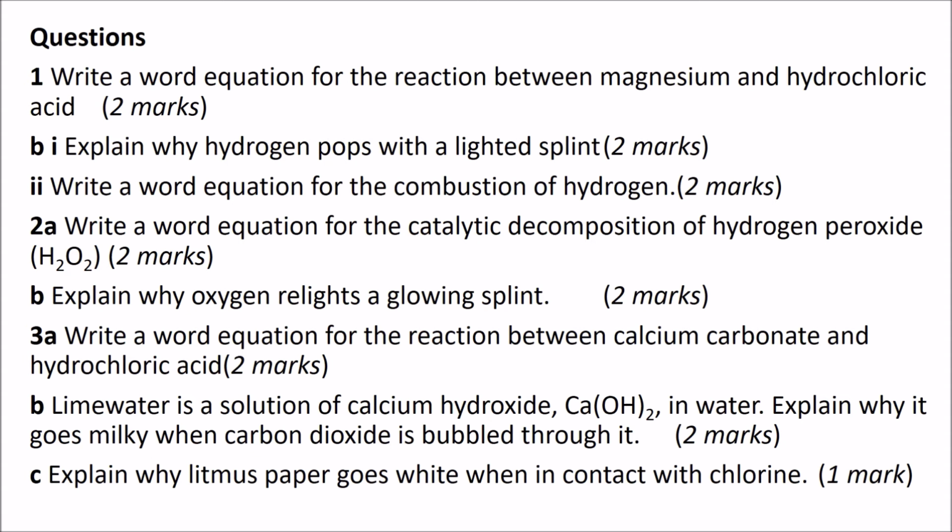Why would it go milky when carbon dioxide travels through it? And then lastly, explain why litmus paper goes white when in contact with chlorine. You might need to look some of these questions up if you're not sure about them. But pause the video now and have a go at answering these questions.